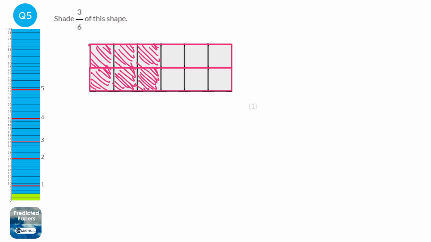And that's our answer. Now you might notice that 3 over 6 is the same as a half, because we can divide both by 3, and so all I need to do is shade in a half. Or you might convert 3 over 6 into 6 over 12, and there's 12 squares altogether, so it's 6 of the 12 squares. There's lots of ways of doing this question.